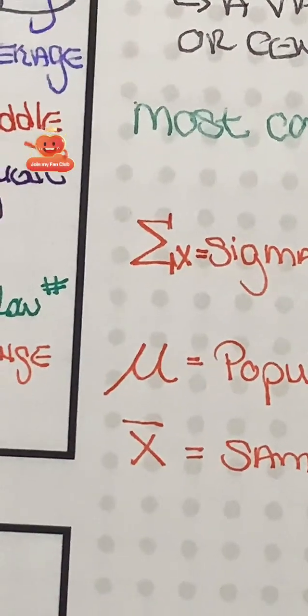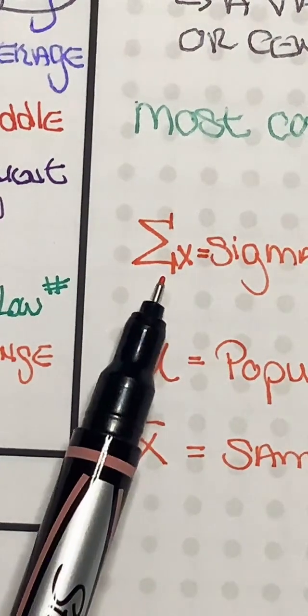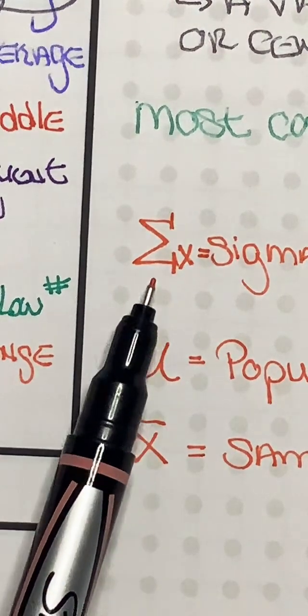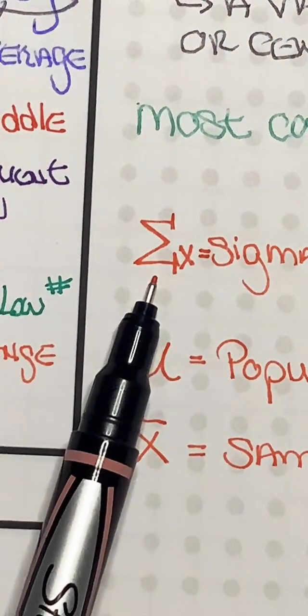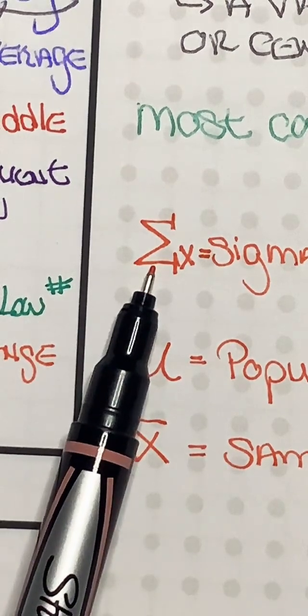And especially if you're going to go into the nursing program and you have to do data analysis, you're going to see this symbol here. Okay, if you're going into statistics, you're going to see this symbol here. This symbol means sigma. Okay, that's a Greek letter meaning sigma.